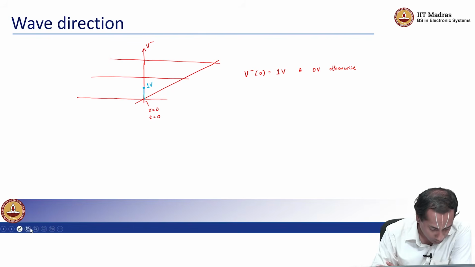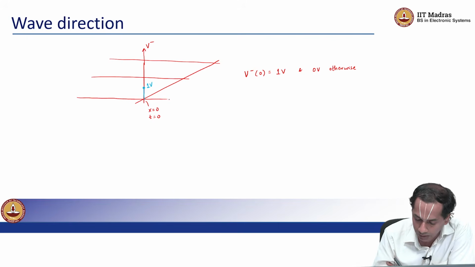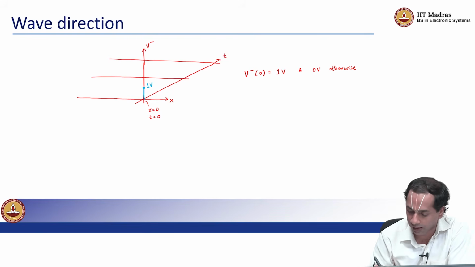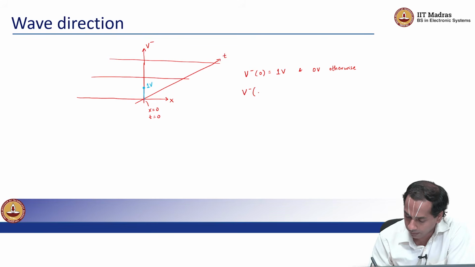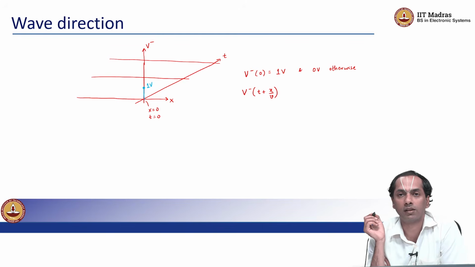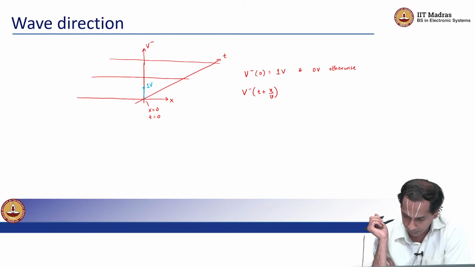Now if I were to look at what this pulse is doing, this is my positive x direction, this is my positive time direction. If I ask myself for some future time, where will this voltage be non-zero, or where is this 1 volt voltage going to be for future or positive times?